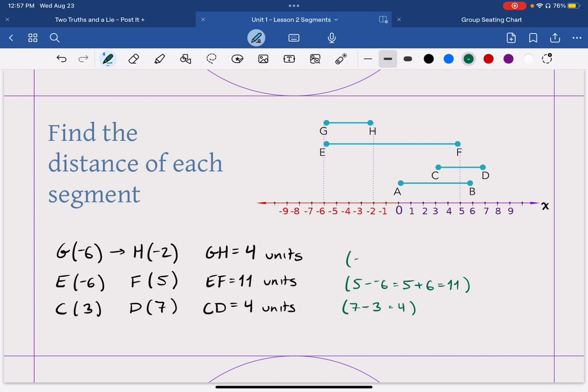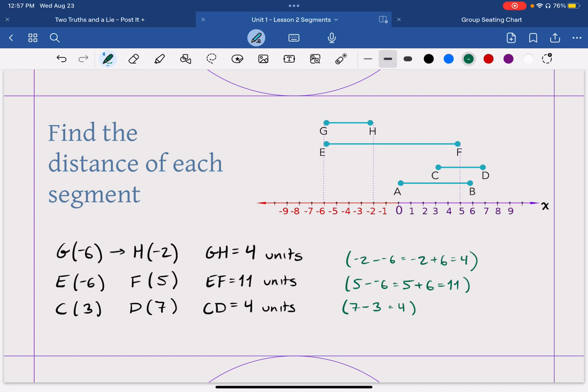And let's see, negative 2 minus a negative 6, which is essentially negative 2 plus 6, which gives us 4. Hey, that works as well. So it seems like if we continue this pattern, we can probably get the distance between 2 points being the largest number subtracting the smallest number.